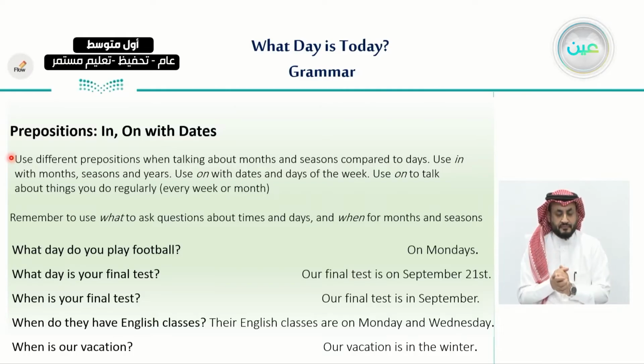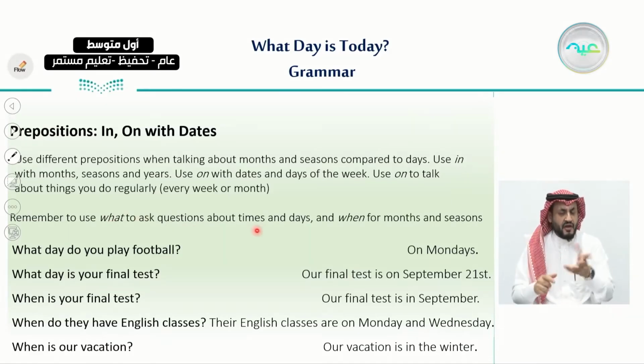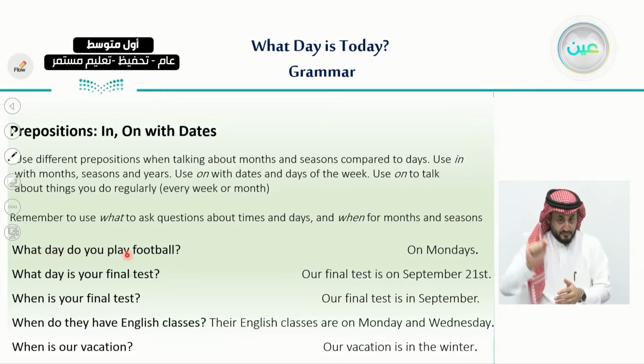The second part is that we use what also to ask questions about times and days, as we said, and we use when for months and seasons. For example, what day do you play football? And as we said, if you want to talk about days, you need to use the preposition on, as we see here.